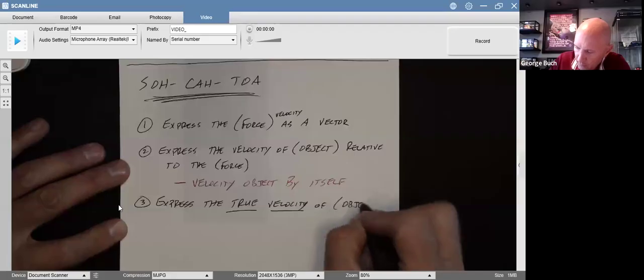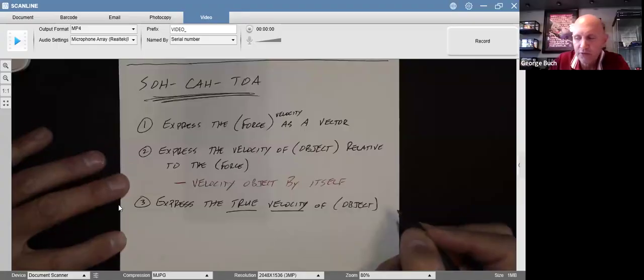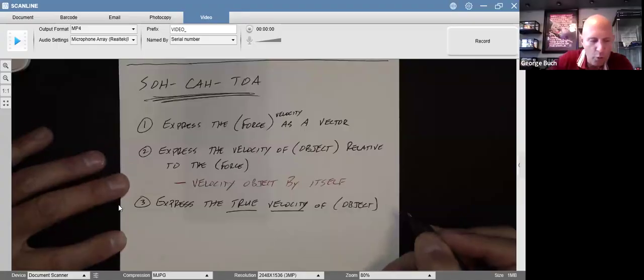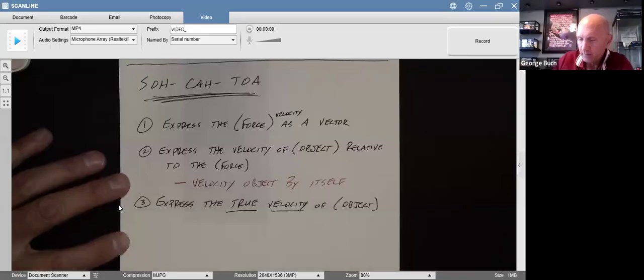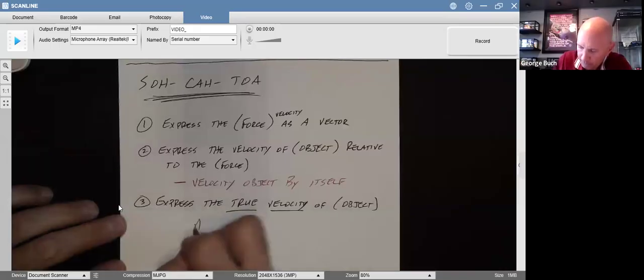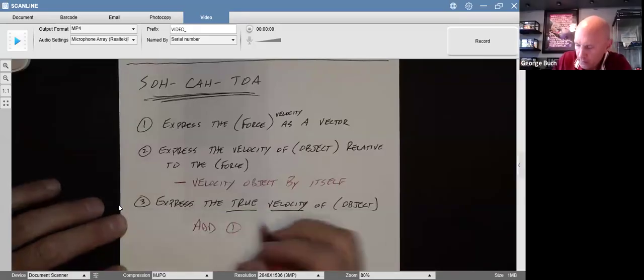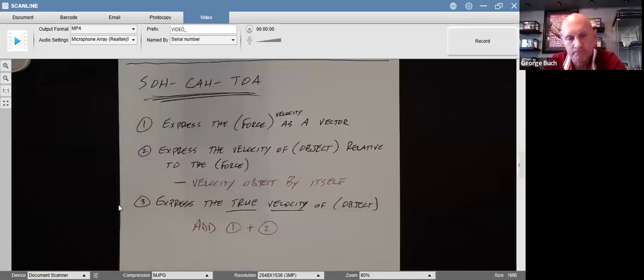So it might say, express the true velocity of the jet, express the true velocity of the swimmer. And what this means is you're going to add the vector you found in number 1 plus the vector you found in number 2. That's it. Just add them together. That gives you true velocity.